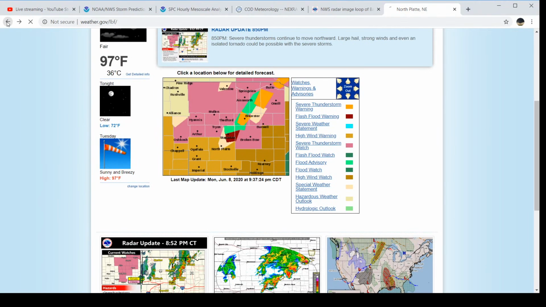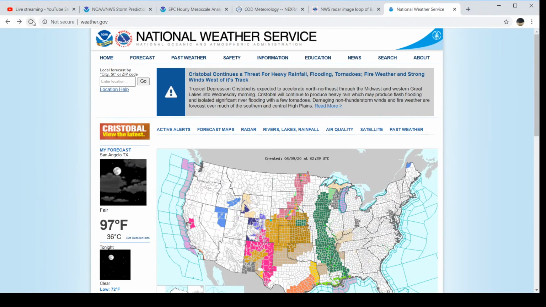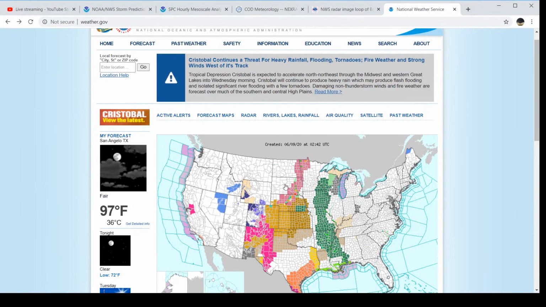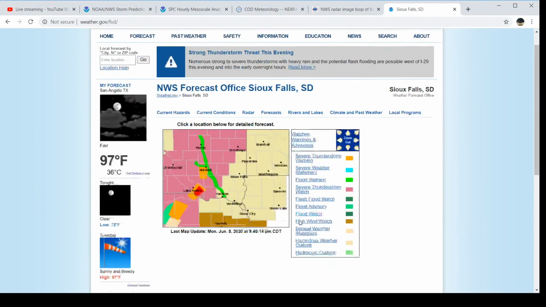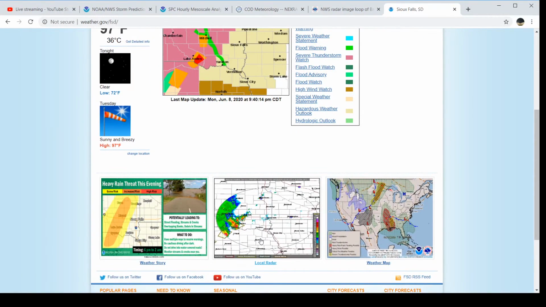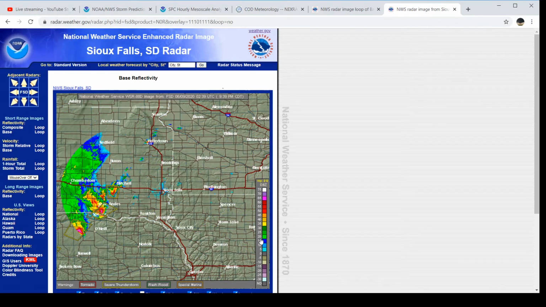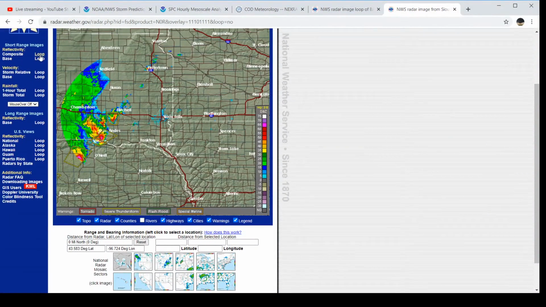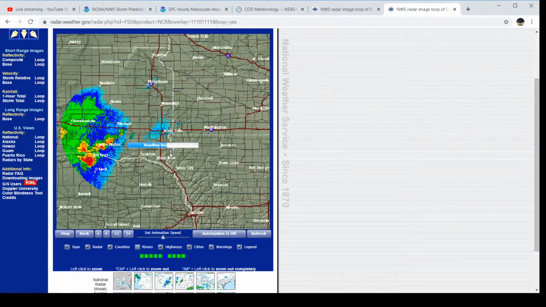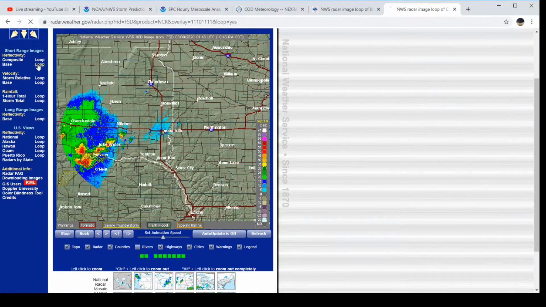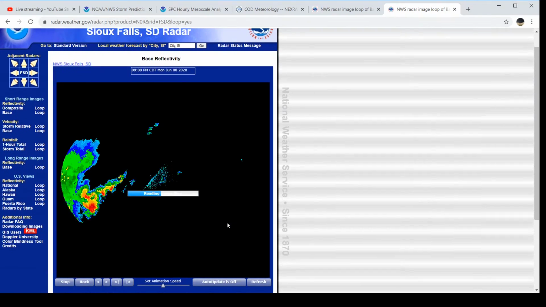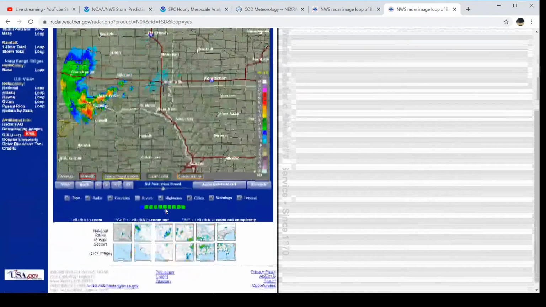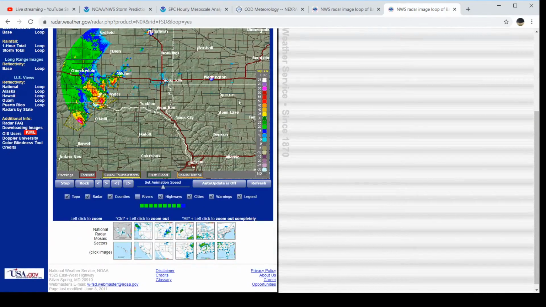Where is this tornado warning at? Why haven't y'all updated? Okay, here it is. Oh no, it might be our northern storm. It may not be the southern storm. Why is this not updating? Oh, technology, gotta love it. Come on, show the tornado warning.